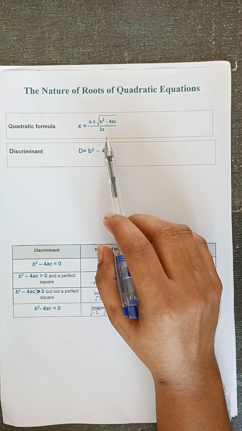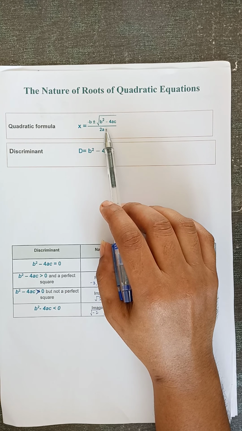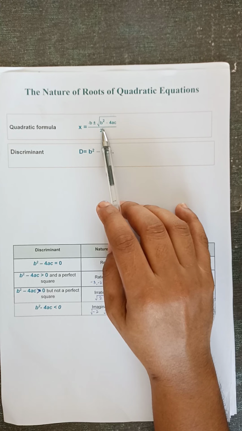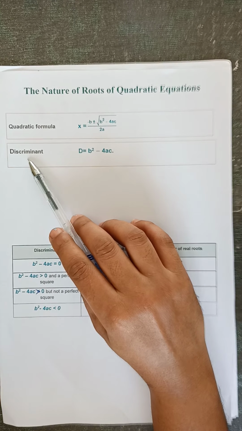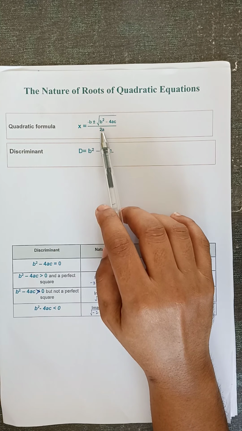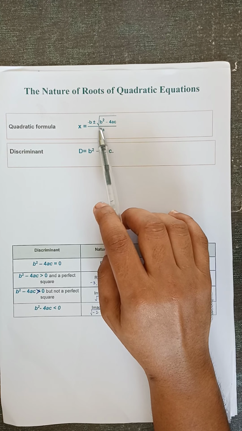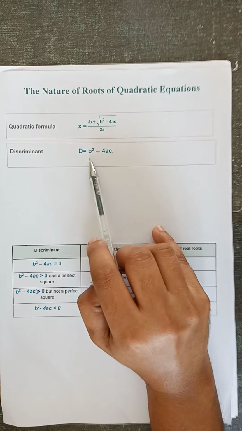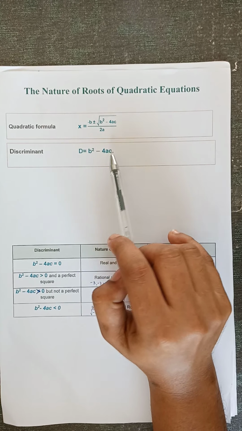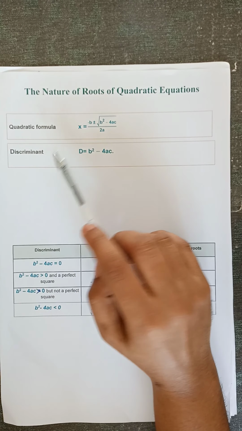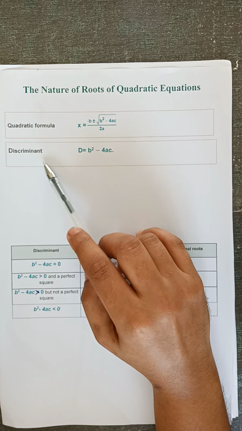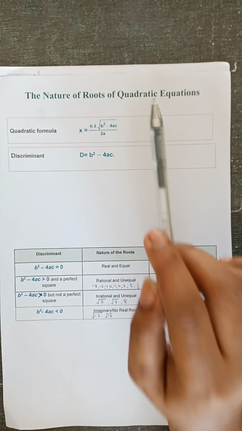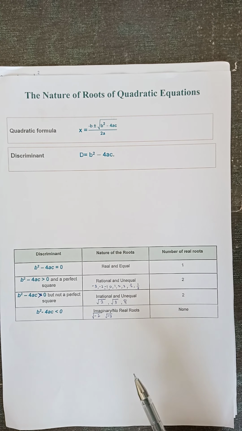Now, the binomial inside the radical sign of the quadratic formula, which is this one, is what we call the discriminant. So, ang kaning nasa sulod sa atong radical sign in quadratic formula, b squared minus 4ac, that is what we call the discriminant. It is used to determine the nature of the roots of a quadratic equation.